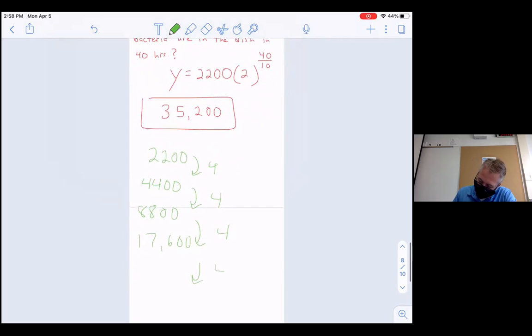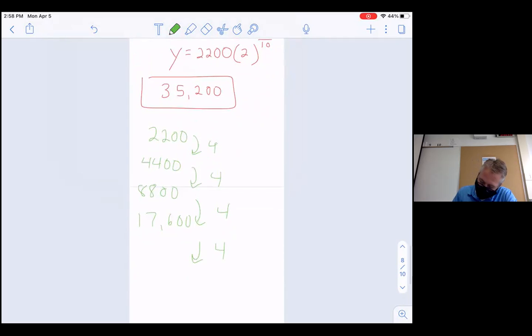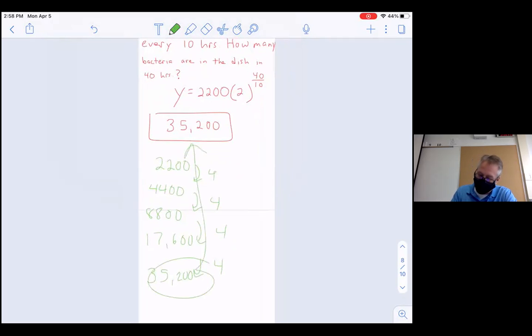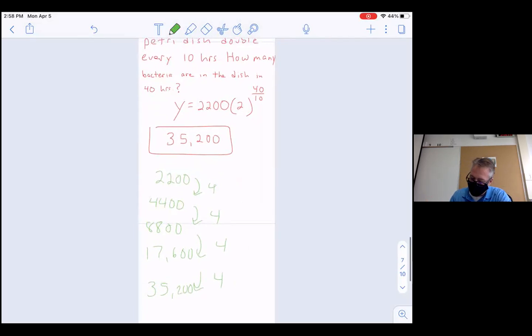And then after 10 more hours, it's going to double that, that's going to be 35,200. That's the same thing we got after 40 hours. Okay, so just to show you that the math works out. And notice that we went through 4 of those doubling times. That's what this is all about here, in terms of the formula.